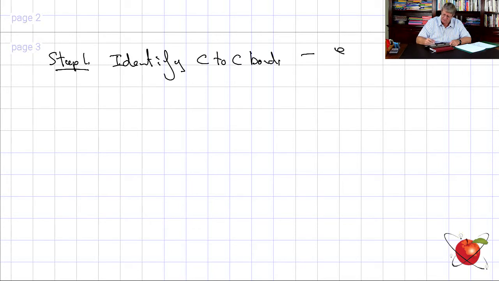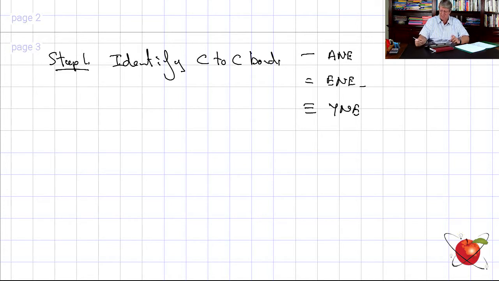Single becomes an ane. Double becomes an ene. Triple becomes an ine. Let me rewrite those in capitals, shall I? Okay. That becomes an alkane. This becomes an ene and an ine.